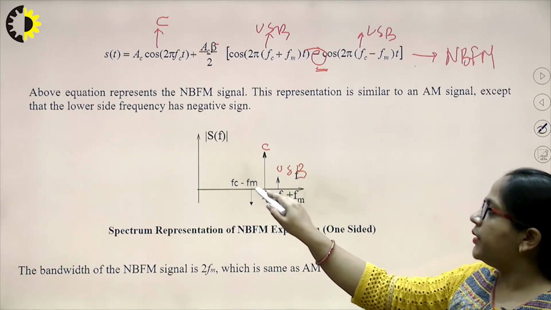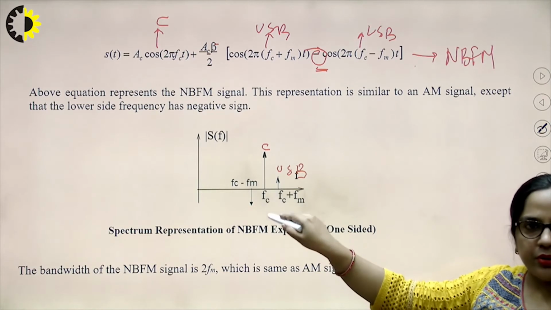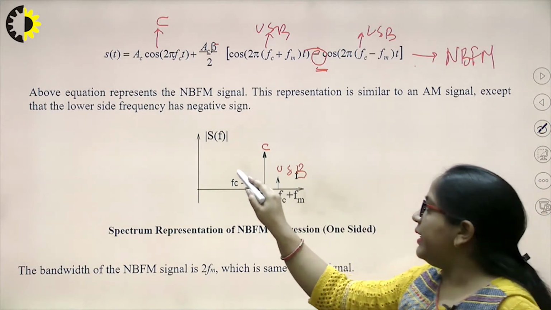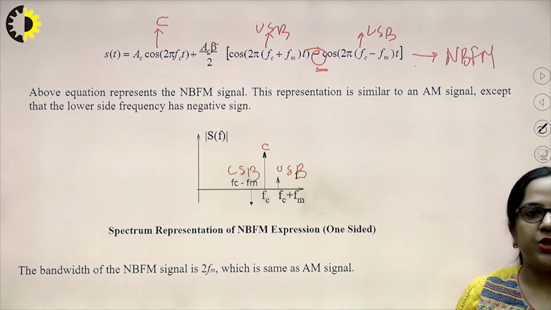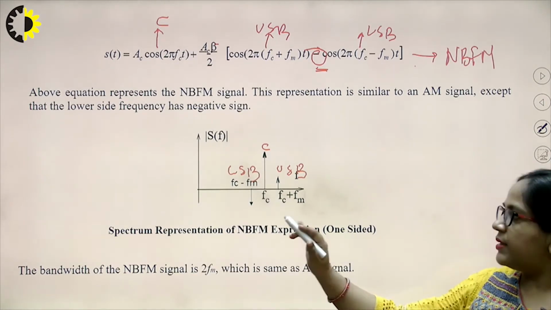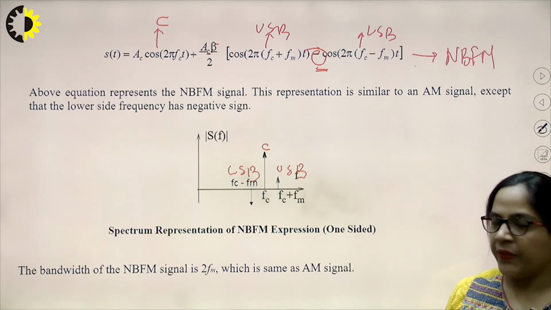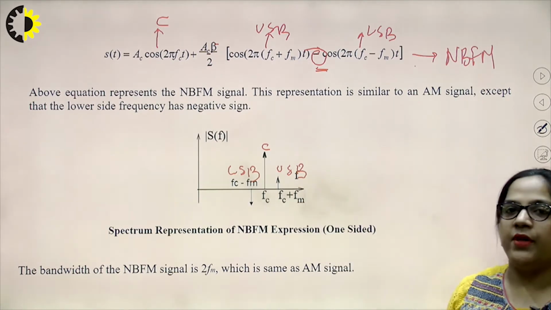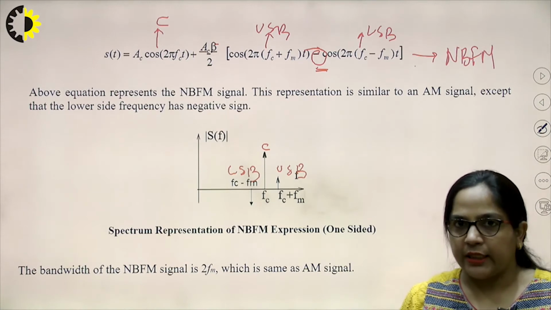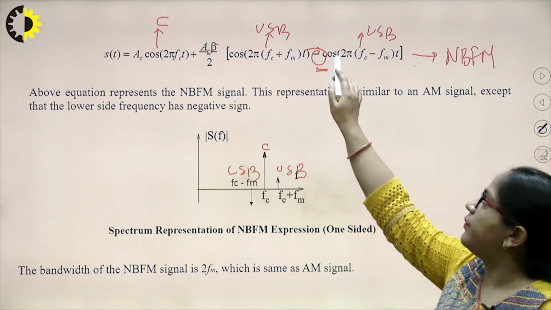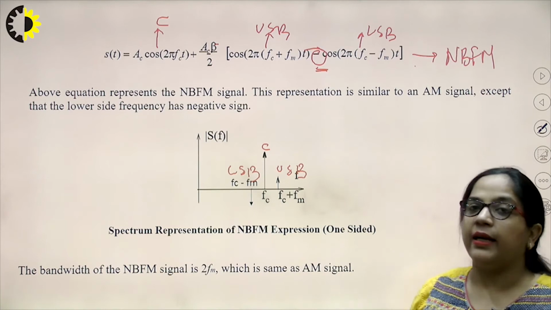So the direction of the arrow can be drawn downwards, and it will indicate the lower sideband. This is the one-sided spectrum representation of the NBFM expression. If we compare this NBFM, it is almost similar to an amplitude modulated signal, with the only difference that here we get a negative sign.